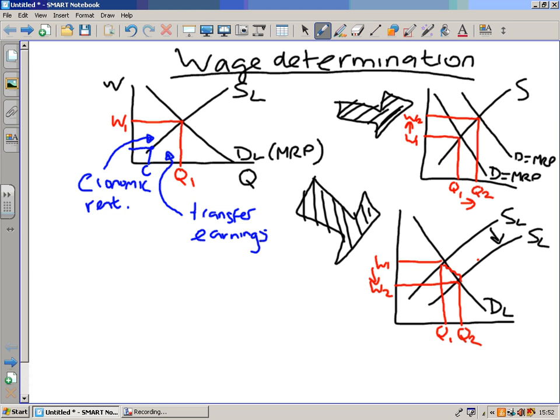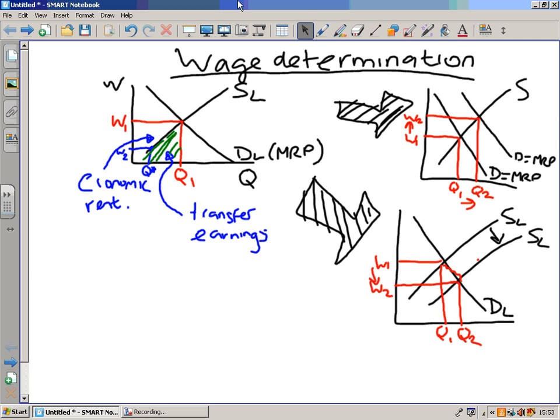Supply Q star labour, this individual would expect to be paid W2. If they were paid less than W2, so anywhere in this box here, let me colour it in green to make it stand out. If they pay people anything below their supply curve, they will transfer to another job, or they might leave that particular labour market anyway. So what the supply curve shows is the minimum we must pay people to do that particular profession. If we pay them less, they will transfer their labour to another market.